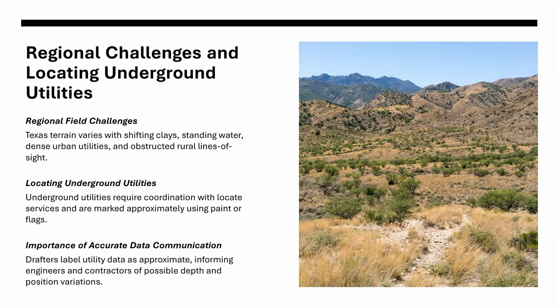These are then plotted by the drafter, usually with a note that they are based on locates and not on excavation. This distinction is critical. It communicates to the engineer and contractor that these utilities are believed to exist, but their exact depth and alignment may vary.